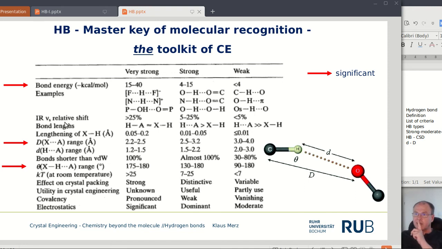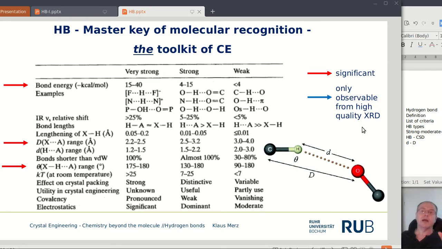If you look at this table, you see some other values, and I would say some of them are only observable if you have a really high quality single crystal structure.